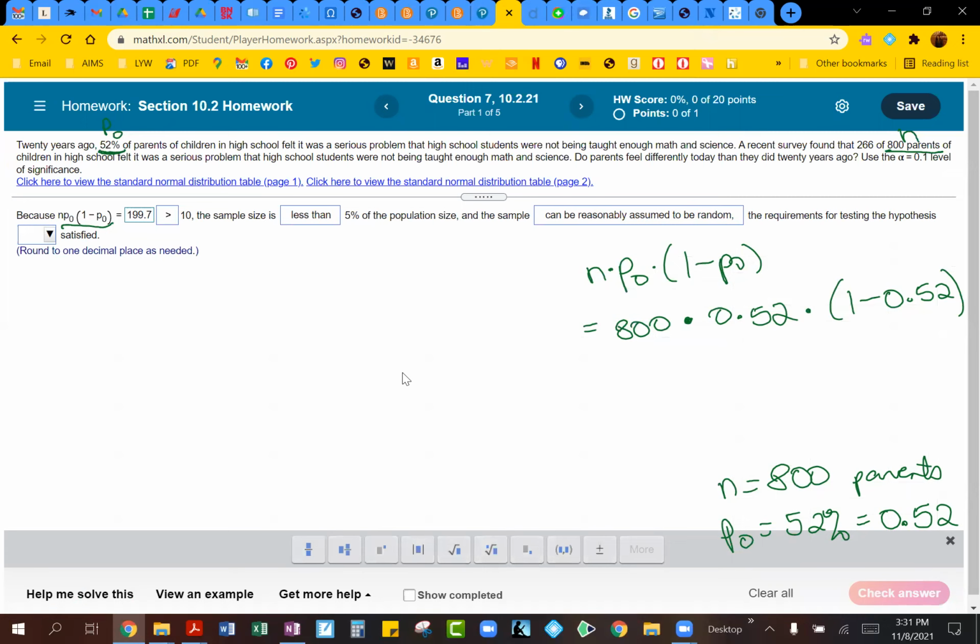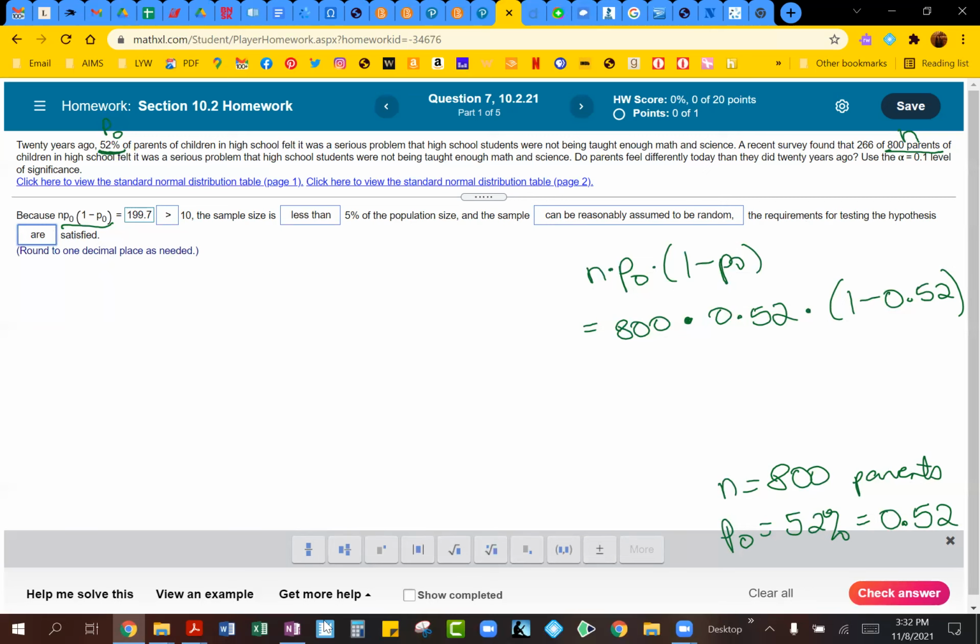We can reasonably assume that you have a pretty large population of parents who have kids in high school, so 800 is going to be less than 5% of our population size. And again, we can reasonably assume that our sample is random. So making those assumptions and looking at our calculation here, we can say the requirements for testing the hypotheses are satisfied.